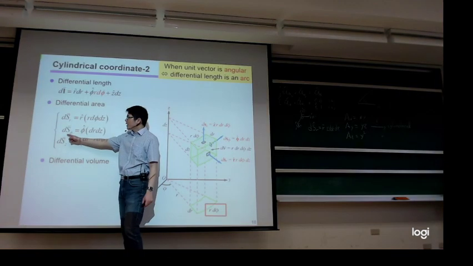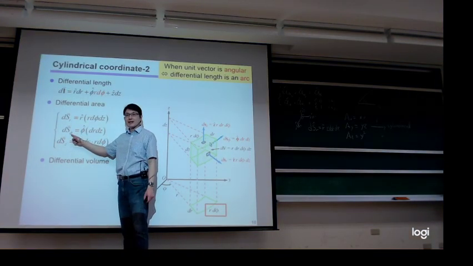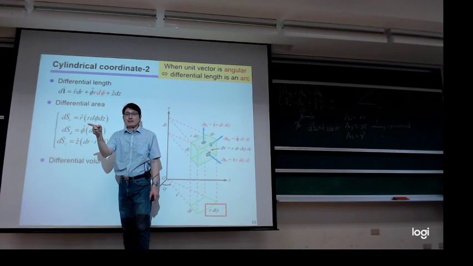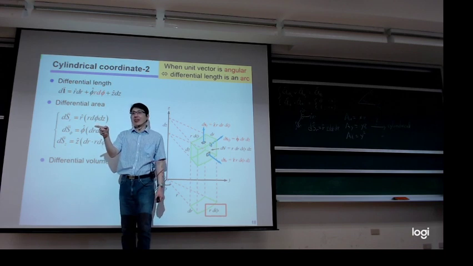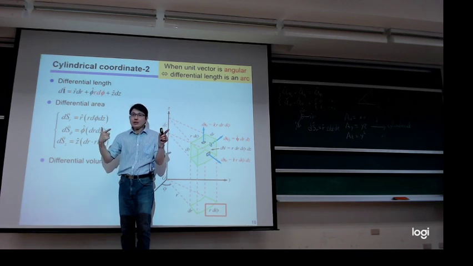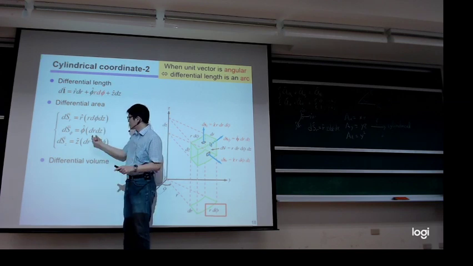When we talk about ds phi, this is the simple case because the direction is in the phi direction, so the area must be determined by the differential lengths in the r and z directions. r and z are both not angular, so we don't have an arc. It's direct multiplication of dr and dz.